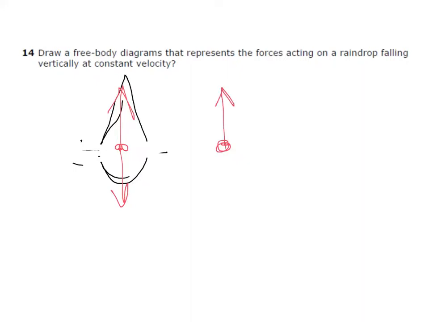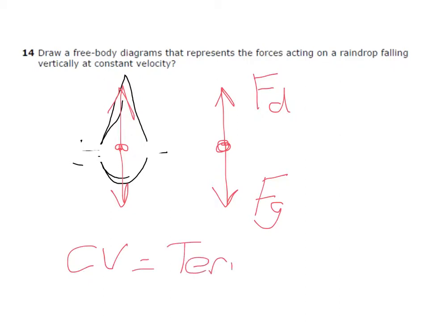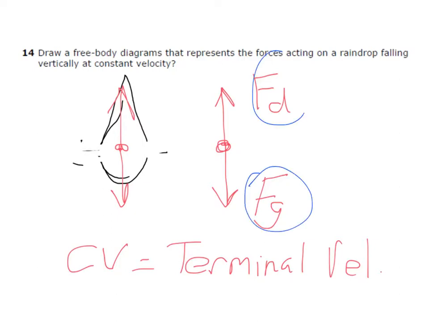Force going up, force going down. So we have the force of gravity or the force of weight, and then we have the force of drag, and this is air resistance. When it's moving at constant velocity for a falling object, that would be its terminal velocity as well. That's the velocity where the force of gravity and the force of the air resistance are the same.